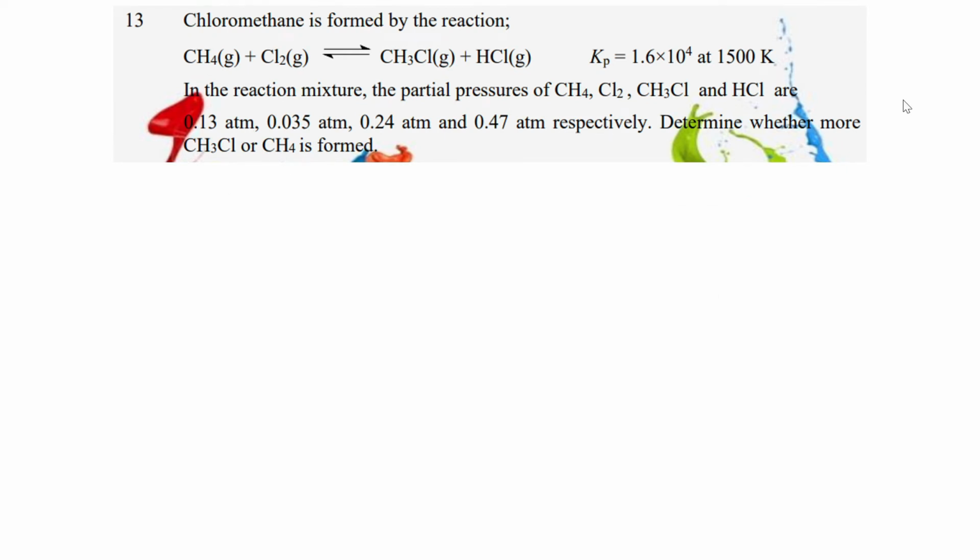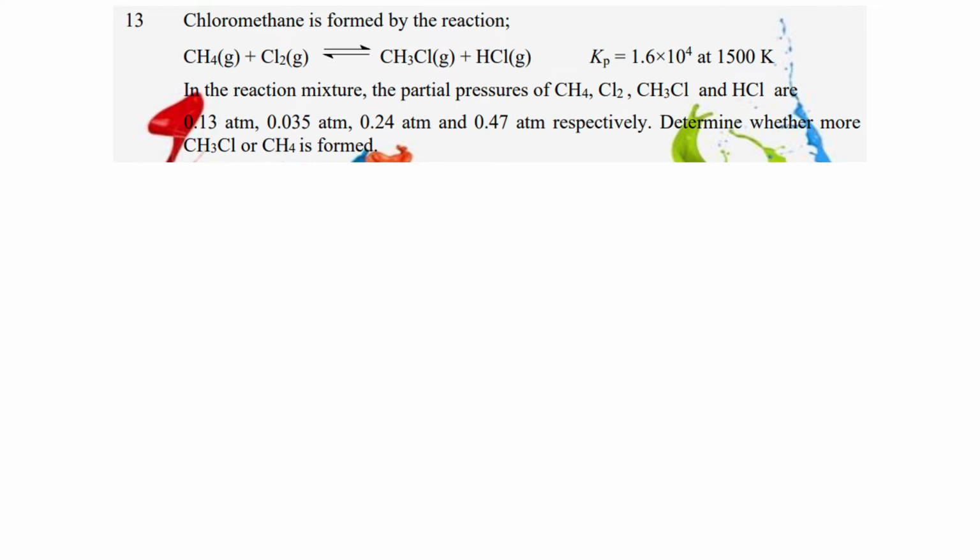Alright, so now we proceed to question number 13. Okay, so the question asks you to determine whether more CH3Cl or CH4 is formed. Alright, so what we are given in the question is CH4 plus Cl2 gas produce CH3Cl plus HCl gas, and Kp given is 1.6 exponent 4 at 1500 Kelvin.